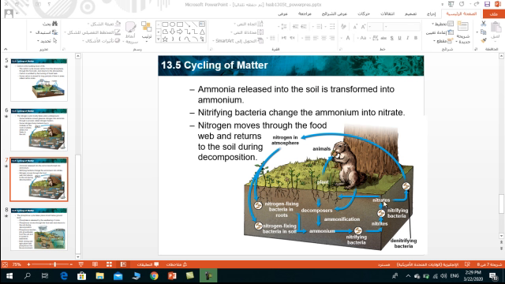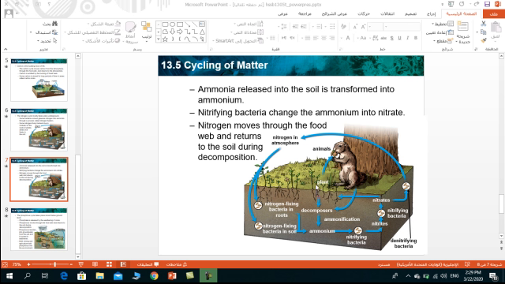After this, the nitrates taken up from the soil are given to the plant, which converts them into proteins and amino acids. After this, they are eaten by the animals.